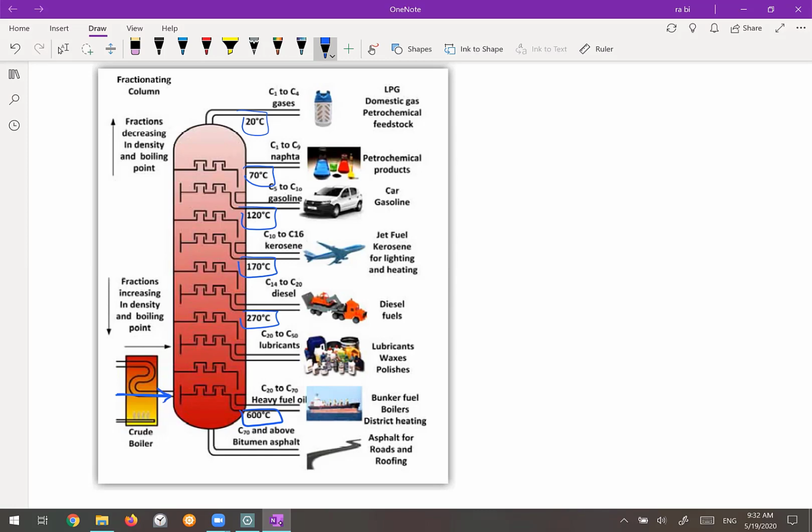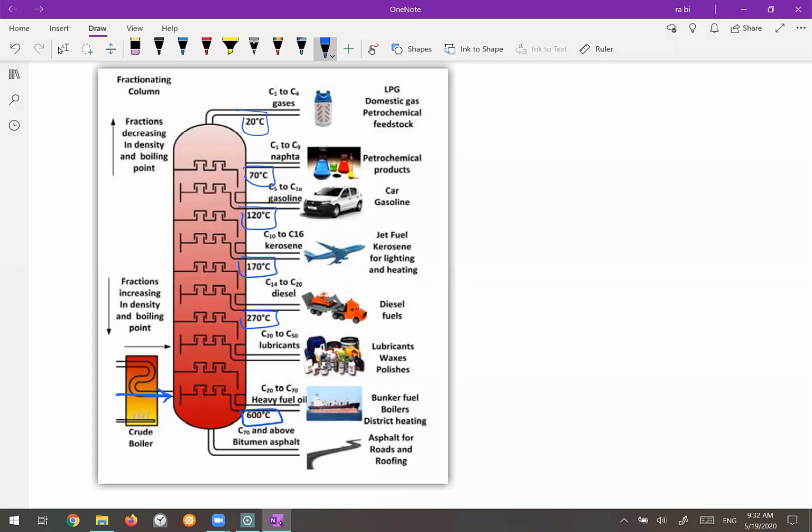The crude oil is composed of all of these alkanes from carbon number 1 up to carbon number 17 and above. When you insert the hydrocarbons here, the temperature is high, 600 degrees, above the boiling point of most of them. All of them evaporate and convert to gas.